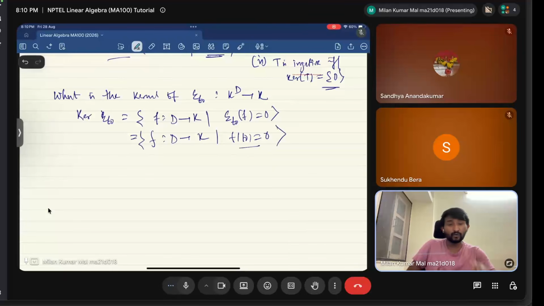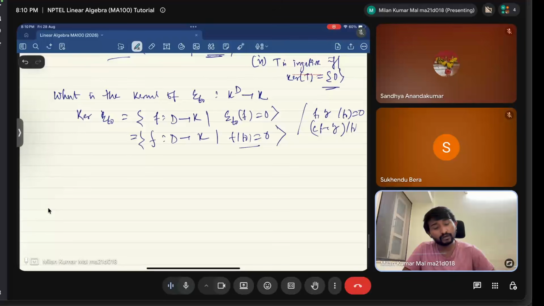Note that the collection of all functions which vanish at some fixed point is always a subspace. Because if f and g are two functions which vanish at the point t naught, and c is a scalar, then c f plus g at the point t naught should also vanish. That means if f and g are there and c is a scalar, c f plus g will also be there.